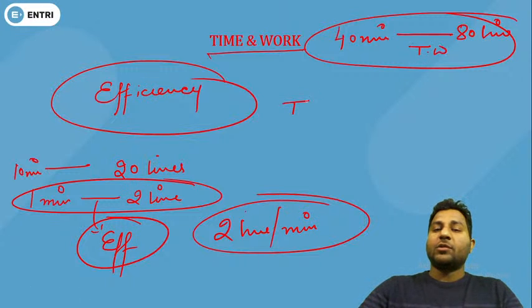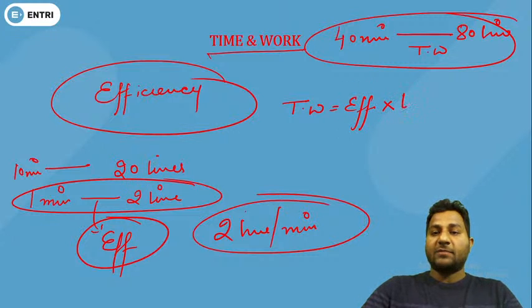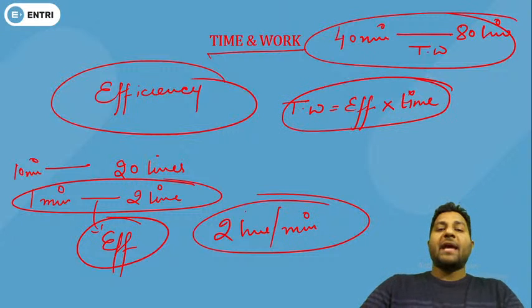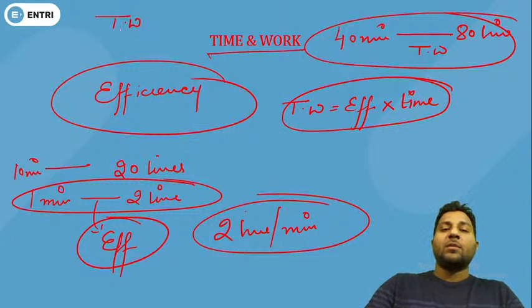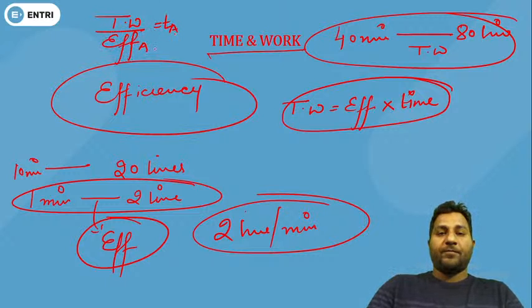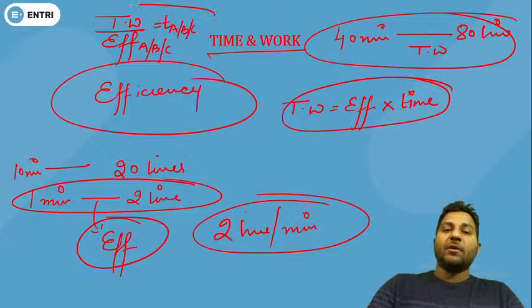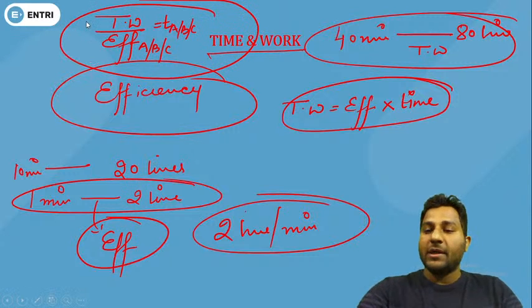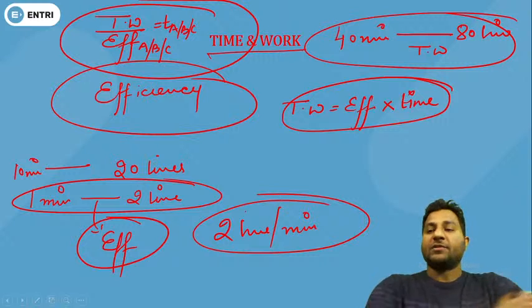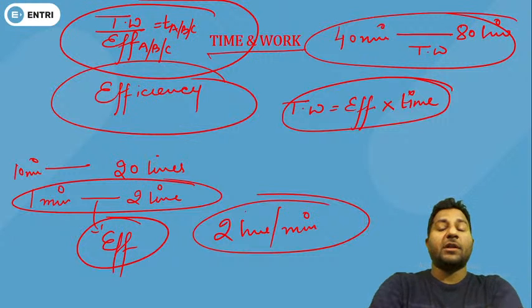So total work is equal to the efficiency of that particular person multiplied by the time taken by that person. If total work is divided by the efficiency of A, you will get the time of A. If you divide by the efficiency of B, you will get the time of B. If you divide by the efficiency of C, you will get the time of C. That's all you need to understand. I hope you have understood the concept very well.